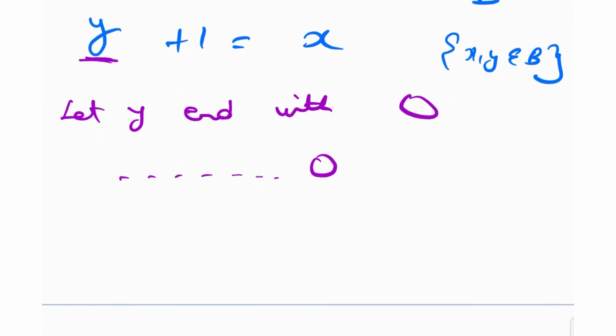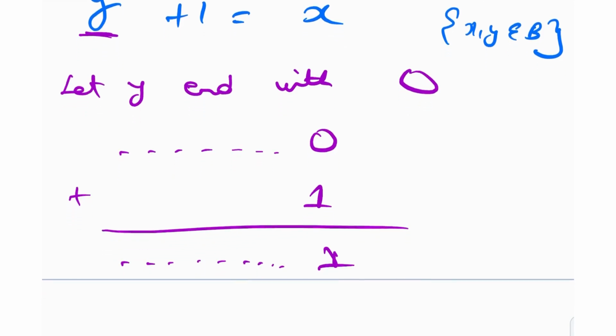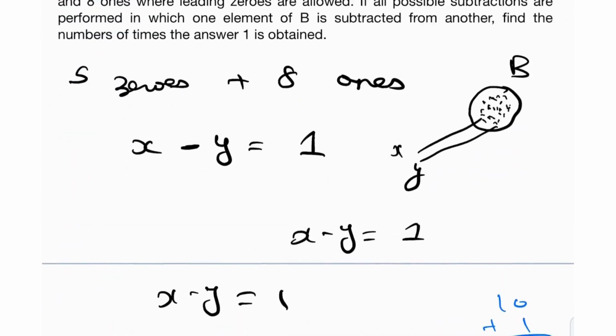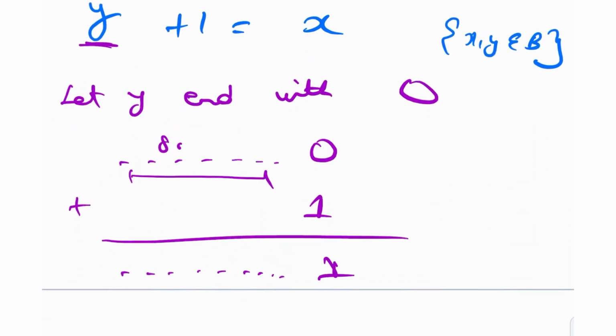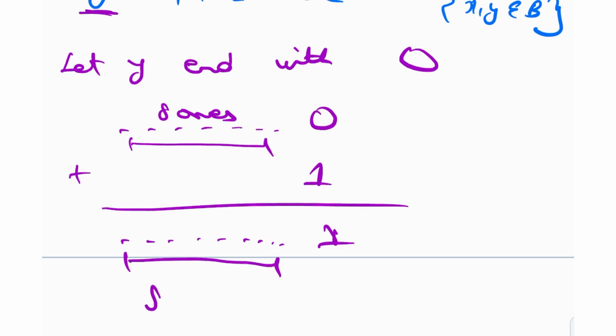Just considering this case. Now when you add 1, well, 0 plus 1 becomes 1, and the rest is as it is. Now, do you see the problem over here? Here we had how many ones? We had 8 ones, because y is an element of B. So effectively here also we'll have 8 ones.